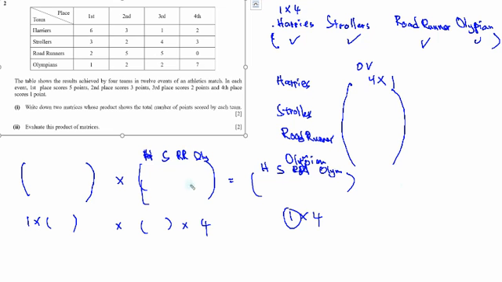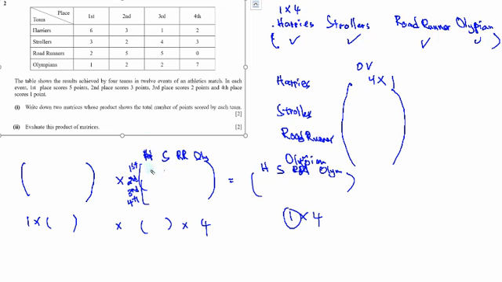Now, then this becomes first, second, third, and then this fourth. So the table has to be reorganized.